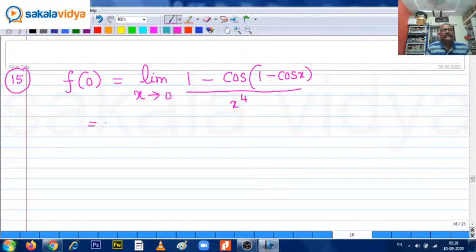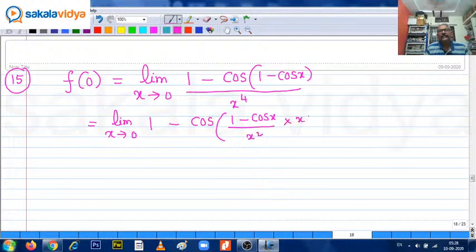We can write it as the limit of 1 minus cos of [(1 minus cos x) upon x square times x square]. It makes no difference, x square gets cancelled, and again we get the same 1 minus cos x upon x to the power of 4.